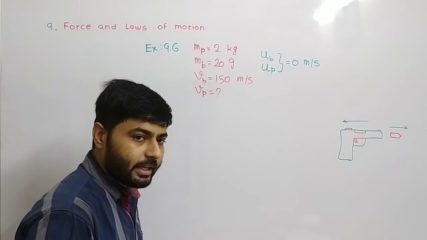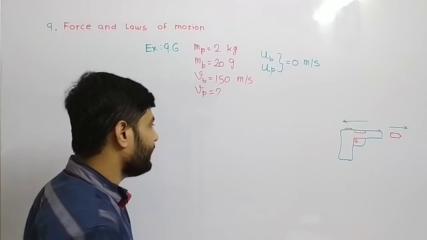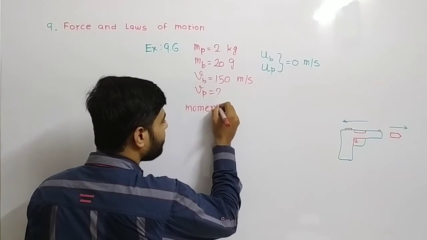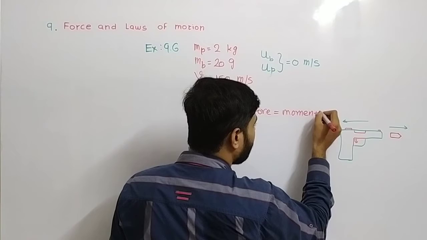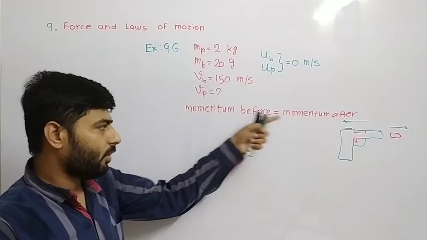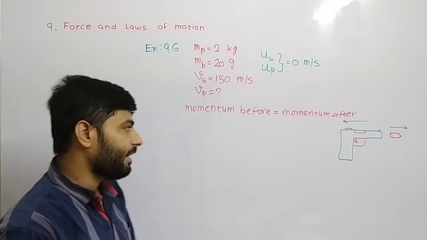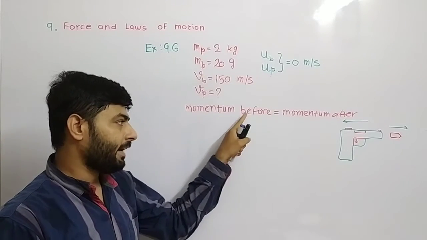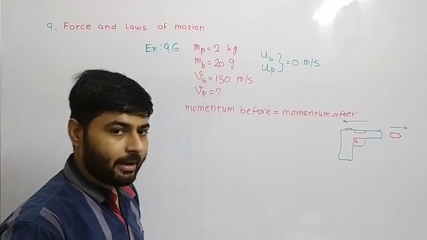So we will use here the law of conservation of momentum, that is, momentum before is equal to momentum after. Before and after, that is, before fire and after fire. Here we have total momentum, or we can say momenta. Momenta before is equal to momenta after. What is momenta before?